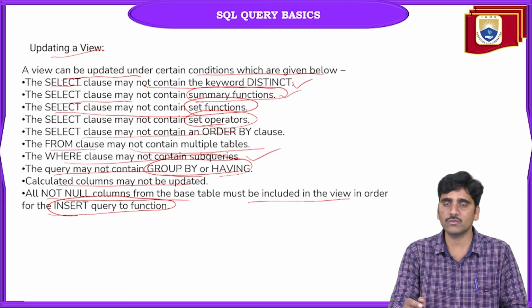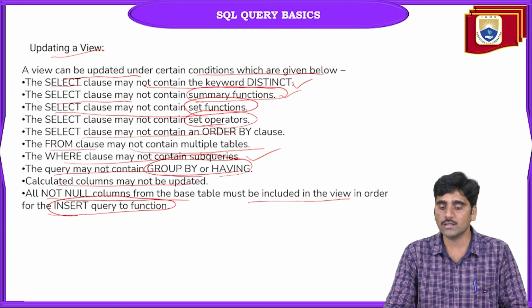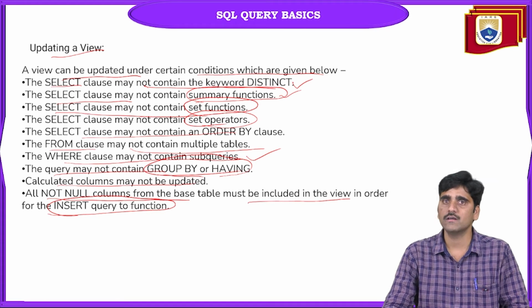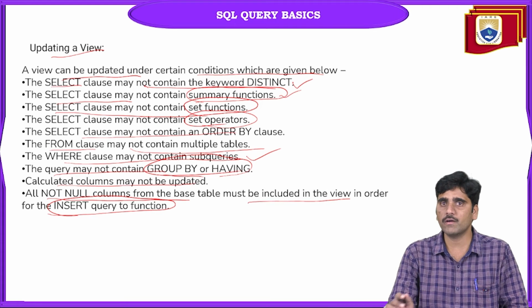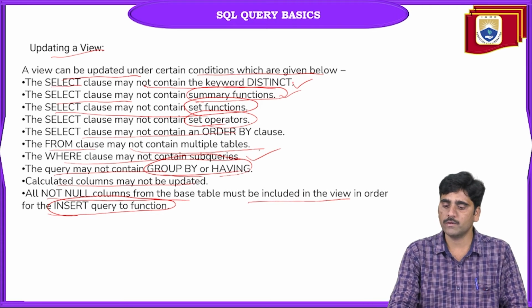So what are the conditions? Select clause may not contain the keyword distinct. Select clause may not contain the summary functions. Select clause may not contain the set functions or set operators. Select clause may not contain any order by, group by or having function. And from clause may not contain multiple tables.